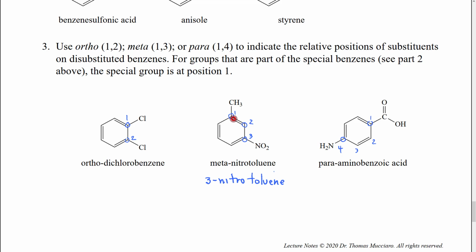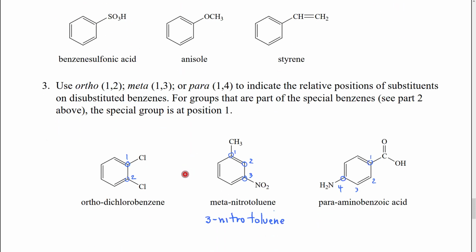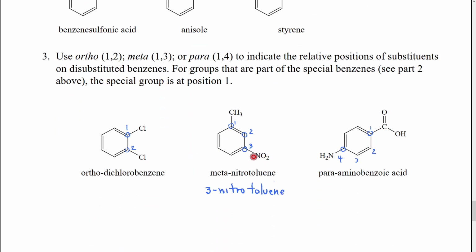Here we see that we go 1, 2, 3. 1,3 is meta. So these are meta related. But what's interesting about this is that if we look, the methyl benzene is a special group. It's a special structure. It's called toluene. So what we have is a toluene that then has this group, which is called nitro, attached to it.